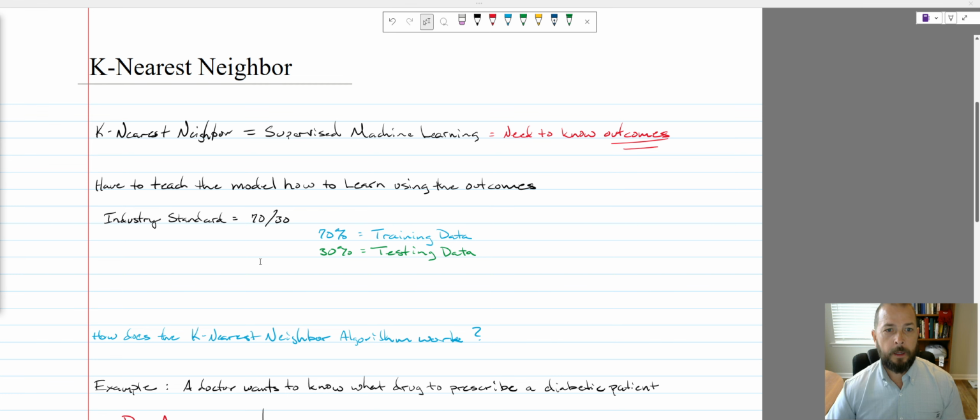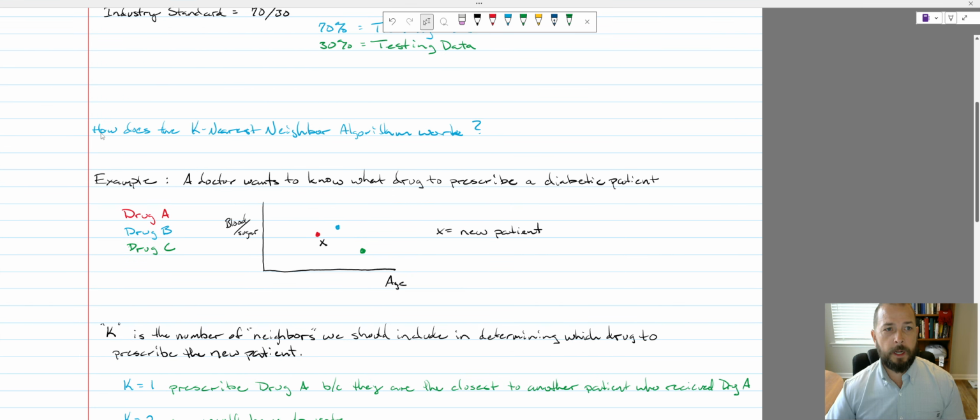All right. So the first thing we want to talk about is how does the actual K-nearest neighbor algorithm work? Well, we can look at a particular example of looking at diabetes patients. Say we have a doctor that wants to know what drug to prescribe a particular diabetic patient.